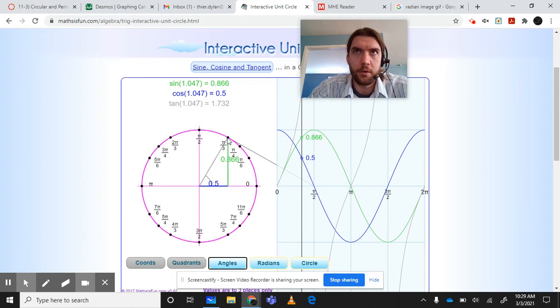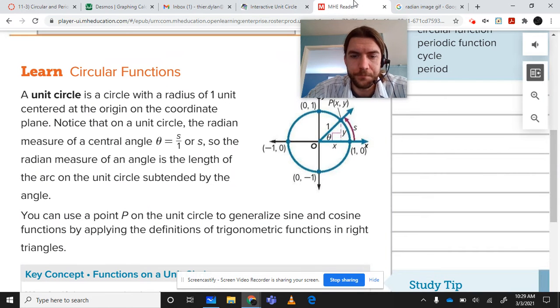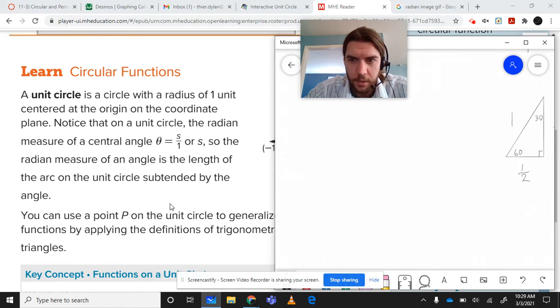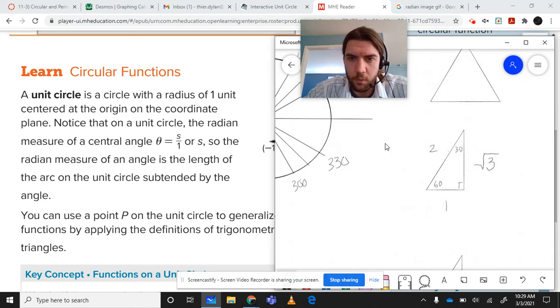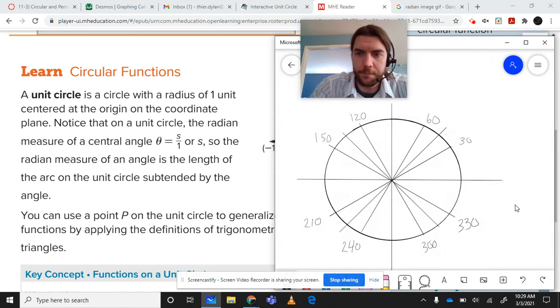So when we look for the sine ratio, opposite divided by hypotenuse, we basically get the same thing as if we just looked for the opposite side. That means the coordinate position, in this case 0.5, 0.866, will tell you what the sine and cosine of your angle are.